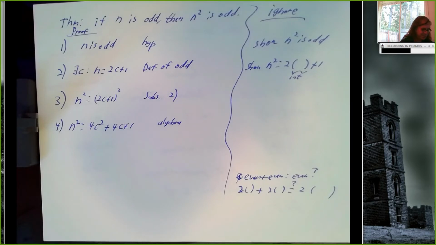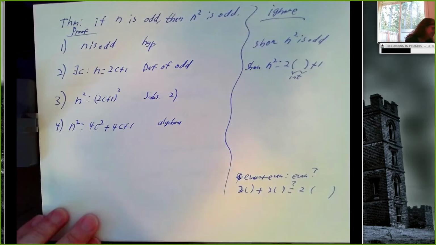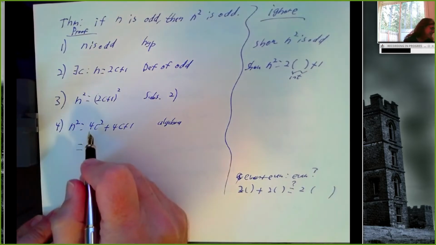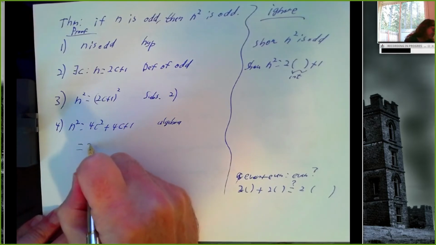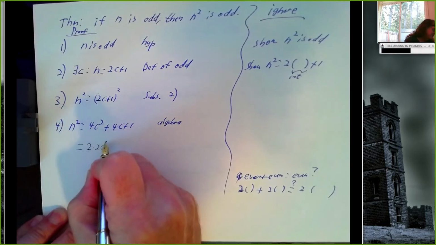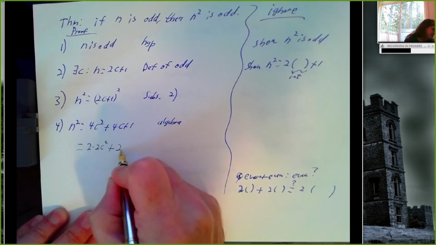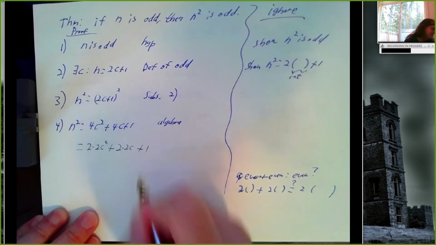And we can actually do it a little easier than what maybe you were thinking, which is, we can write 4 as 2 times 2, right? We can do more than just say that this is even. We can actually write this as 2 times 2c squared, and we can write this as 2 times 2c plus 1.